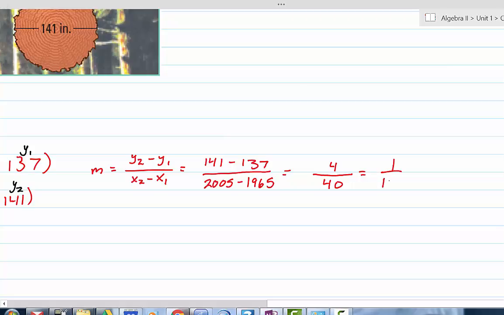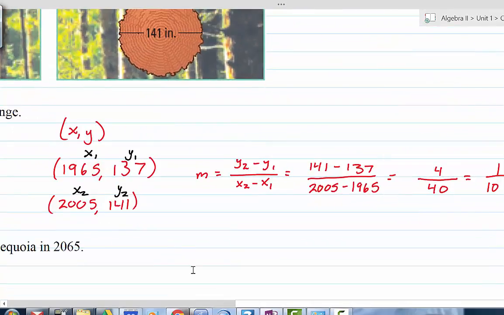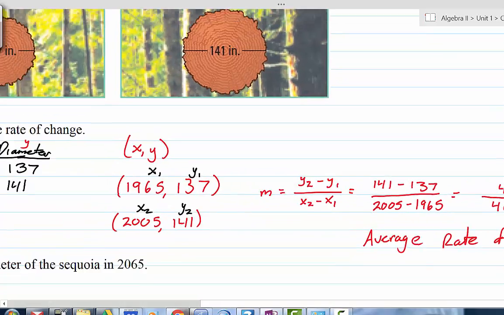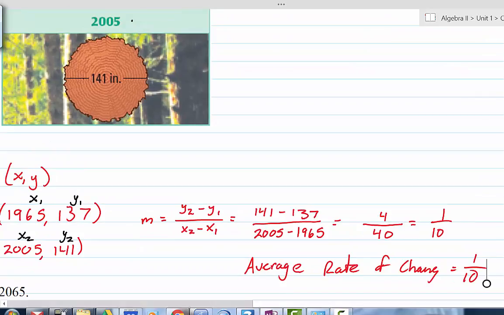That reduces to 1/10, right? So my average rate of change is equal to 1/10, in other words, 1/10 of an inch per year.